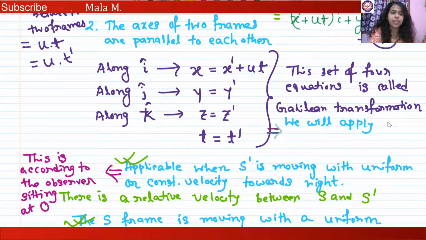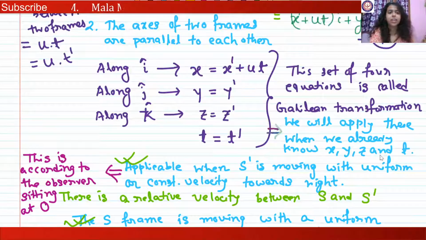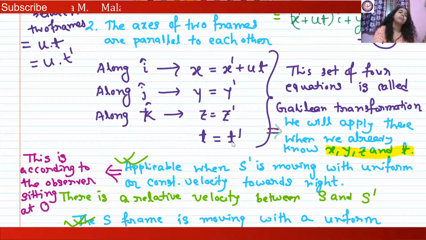We will apply this when we already know x, y, z and t. When we already know x, y, z and t, and we want to know x prime, y prime, z prime, then we will apply this one.